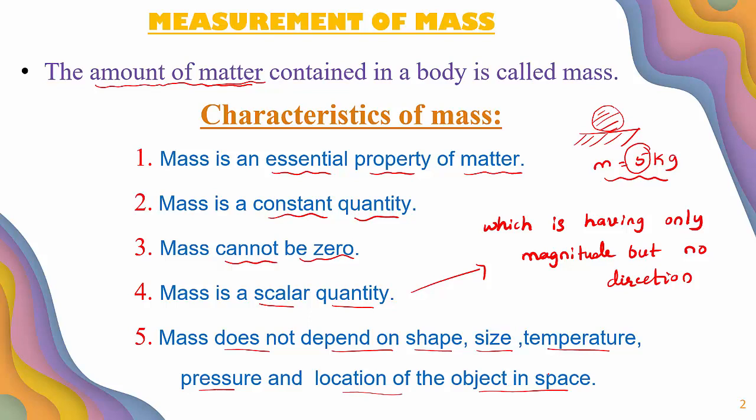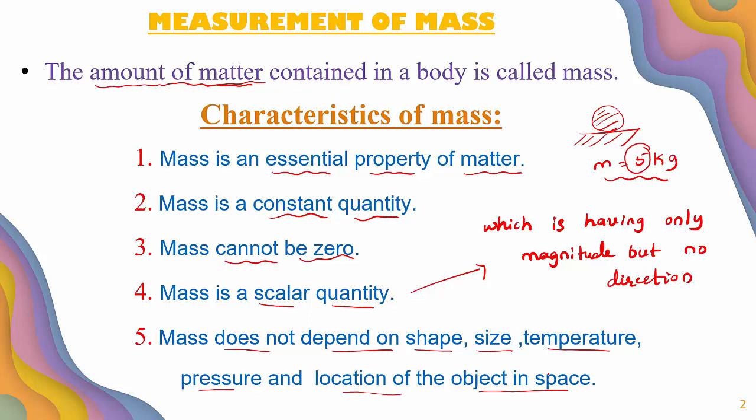If there is matter, then there should be mass. Second, mass is a constant quantity. Mass is not variable. It is not depending on any gravitational force also. It is always constant.